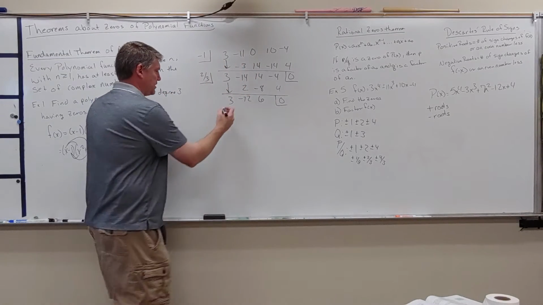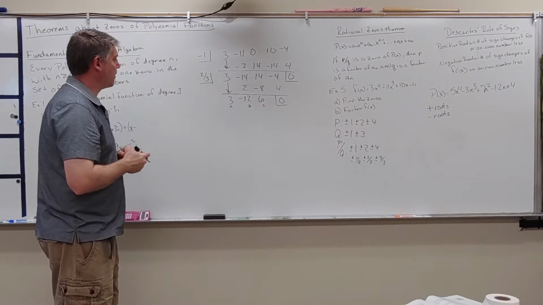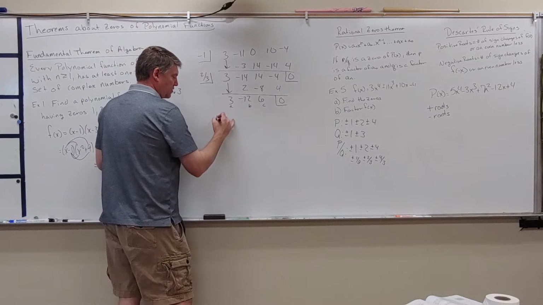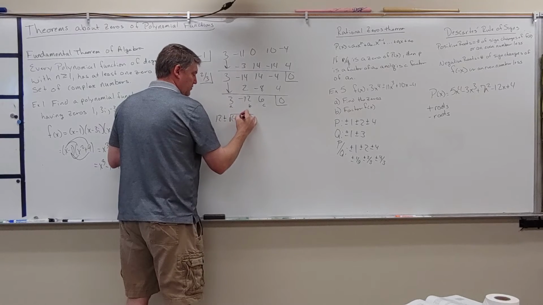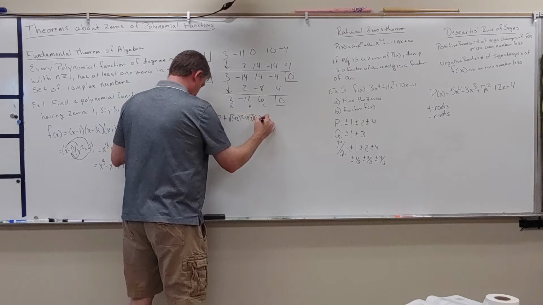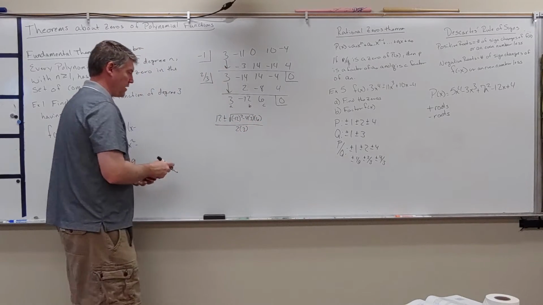Okay? So this is A, B, C. So I can plug this in the quadratic formula. So 12 plus or minus the square root of negative 12 squared minus 4 times 3 times 6 all over 2 times 3. Okay.